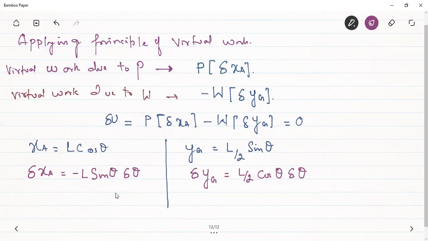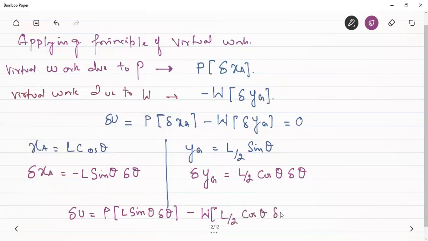Therefore delta u will be equal to P into L sine theta delta theta minus W into the virtual displacement of the center of gravity in the y direction, that is L by 2 cos theta delta theta. So this has to be 0.